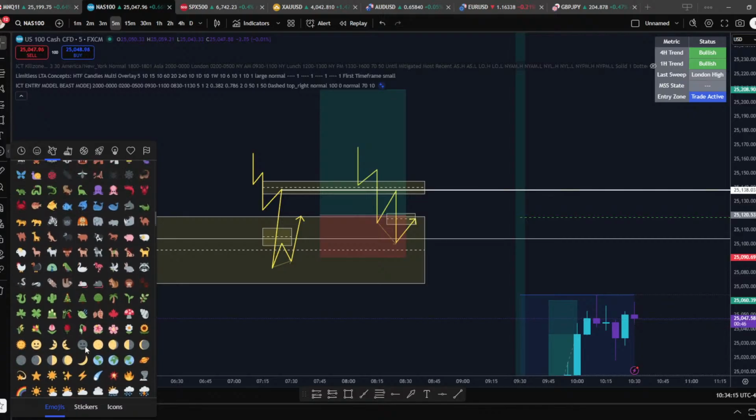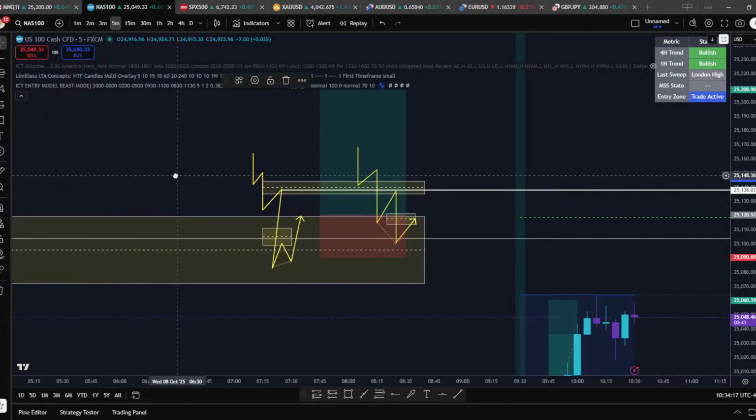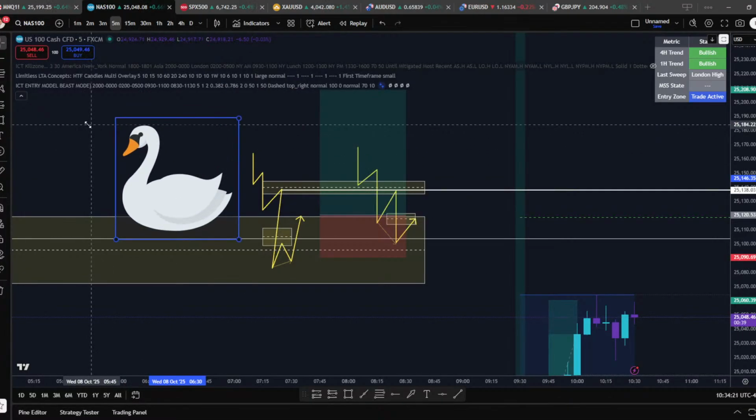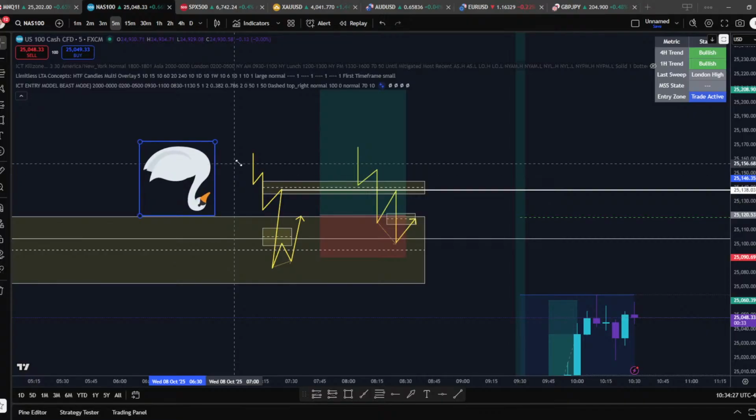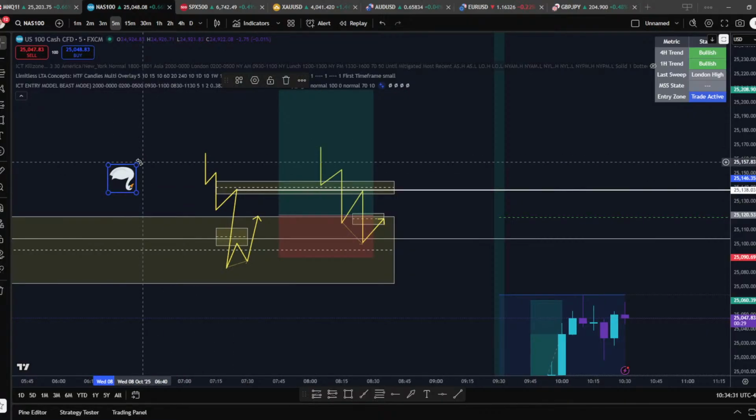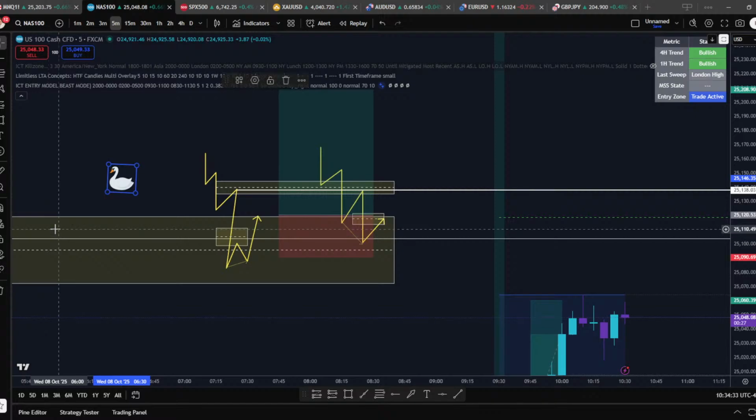Where's a duck? This is not a duck. It's a swan. Wait, is that a duck? Let's call that a duck. It might be a little swan or whatever, but let's say that's a duck. Okay.